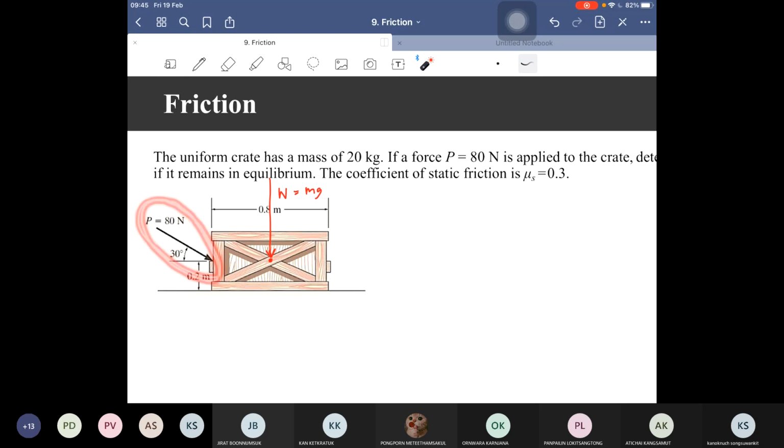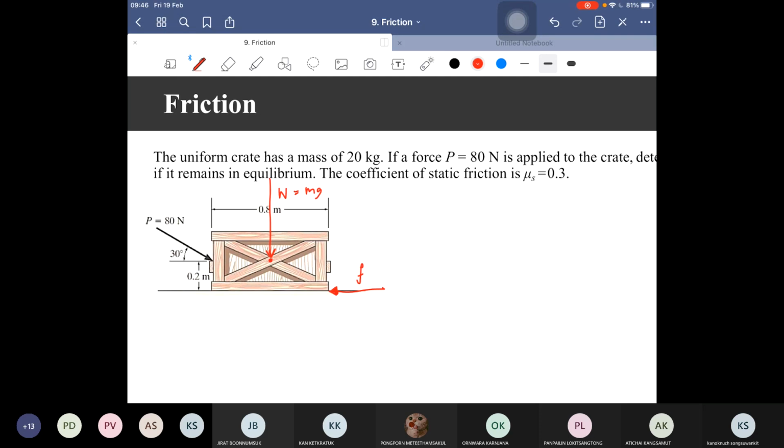So the friction force must be created to support that movement. Let's say F. And to support the weight W, the normal force must act on this box, but it's not exerted at the center of this box, right?